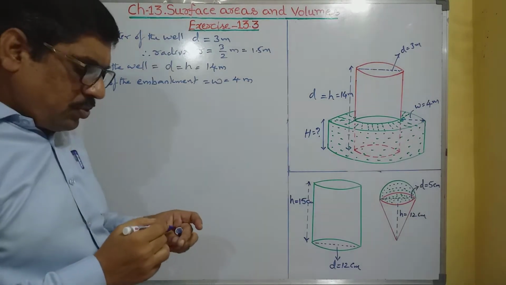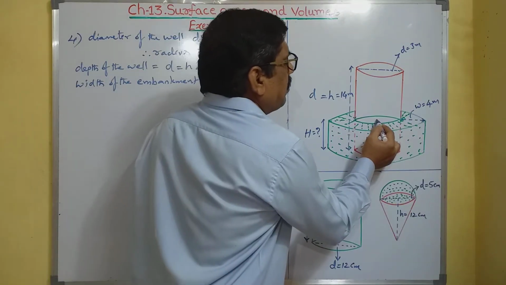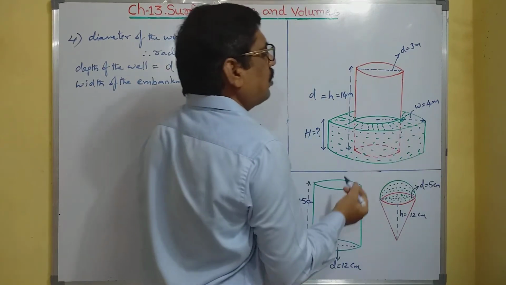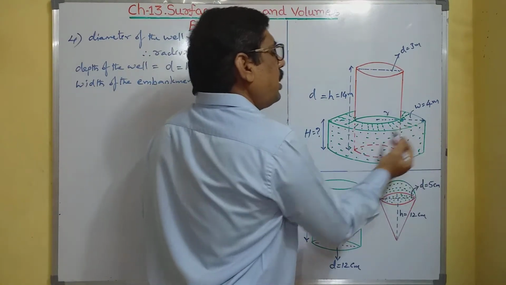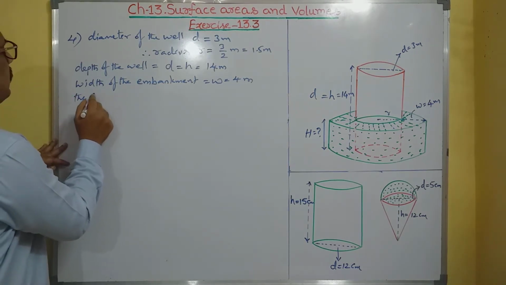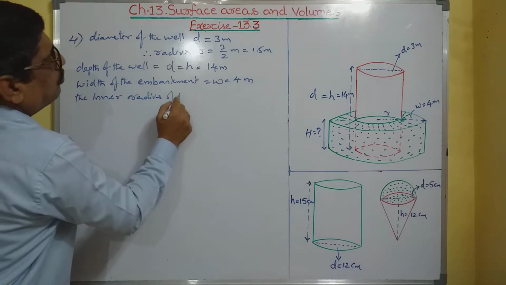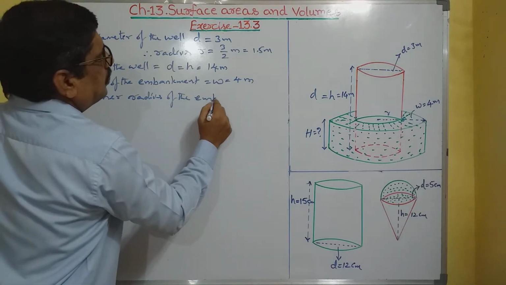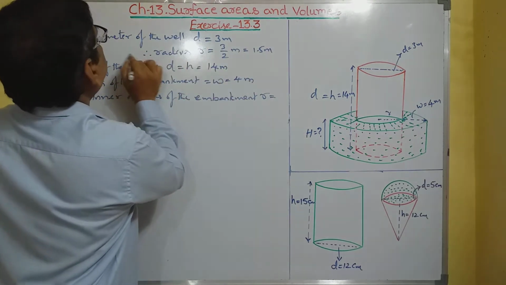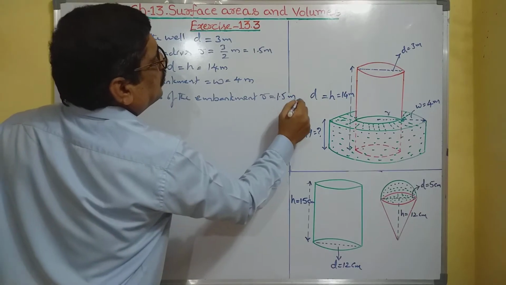Now you have to observe here that the embankment has an inner radius and an outer radius also. Inner radius is smaller. The inner radius of the embankment, small r, is the same as the radius of the well, that is 1.5 meters.